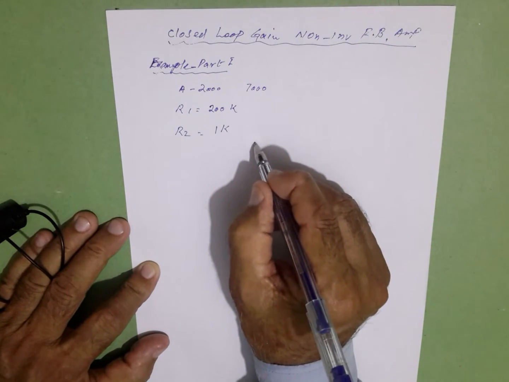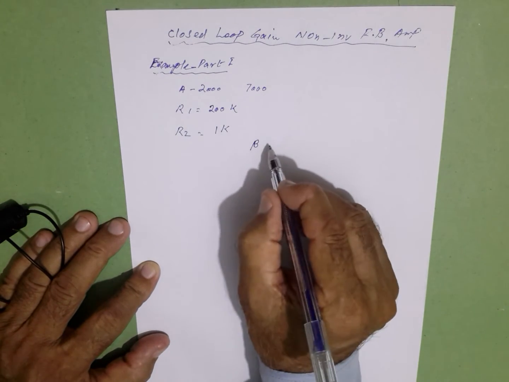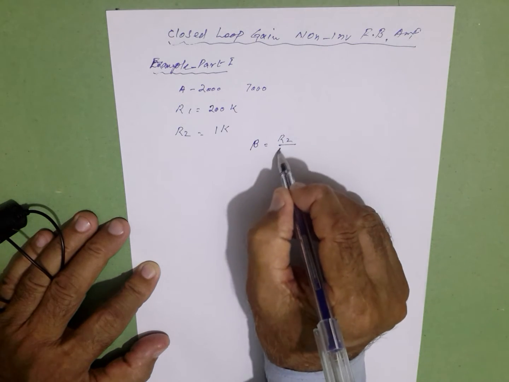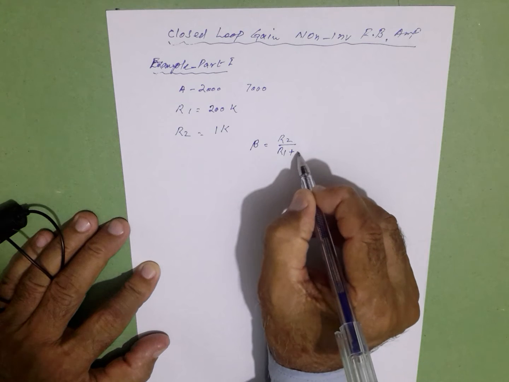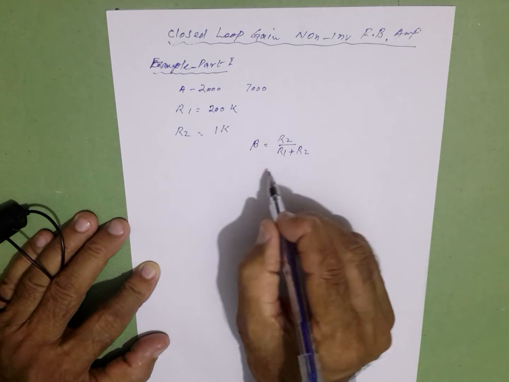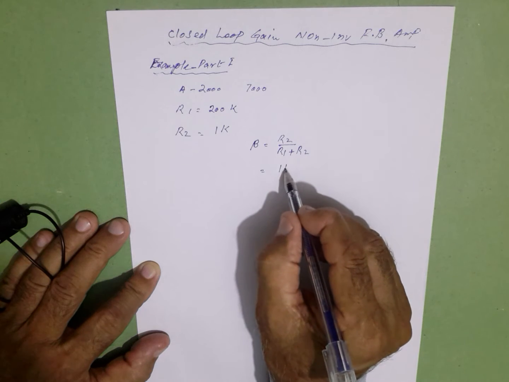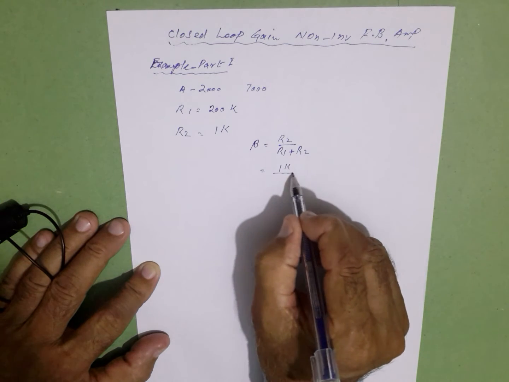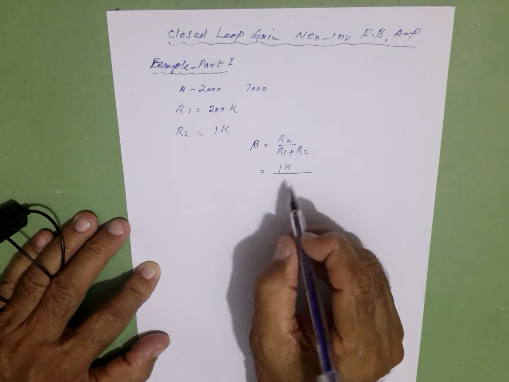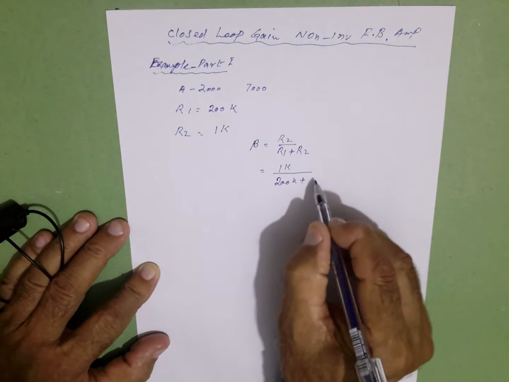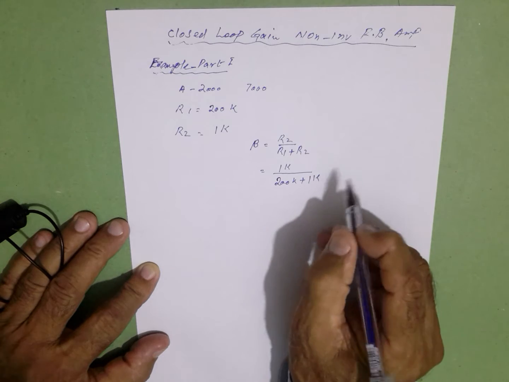We know that beta is equal to R2 over R1 plus R2, and this is equal to 1 kilo ohm divided by 200 kilo ohm plus 1 kilo ohm.